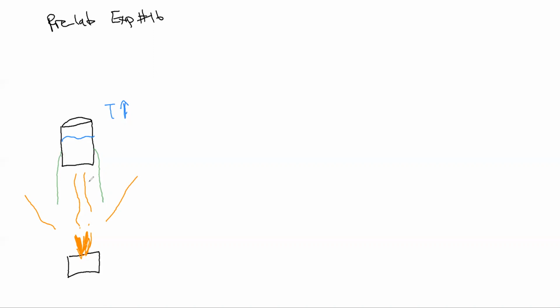And so we're going to do two parts in this experiment. For the first part, we're going to do a calibration. During part one, we're going to use a standard candle that we know what its enthalpy of combustion is.